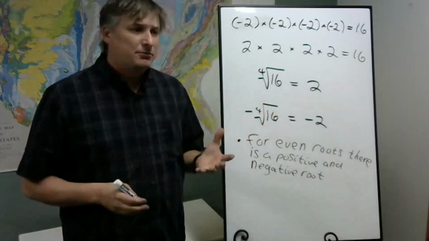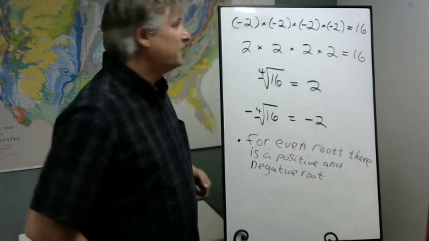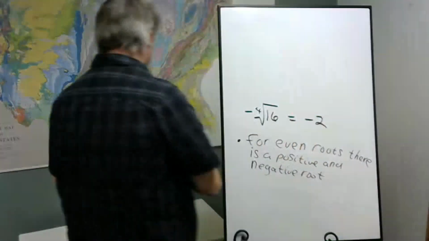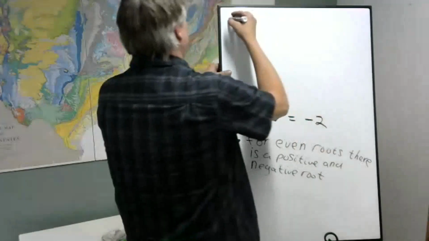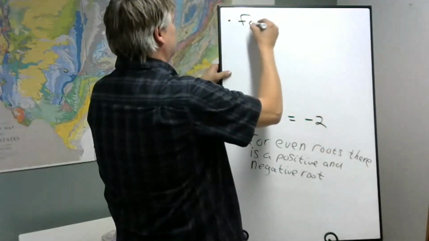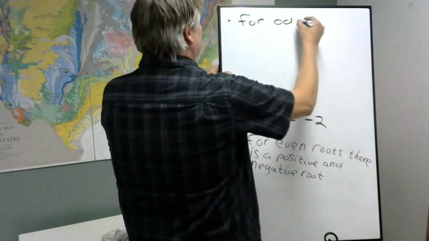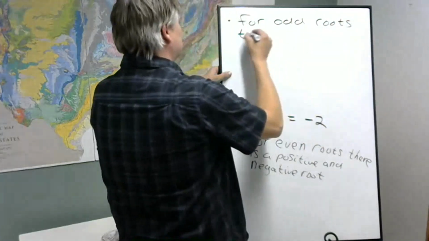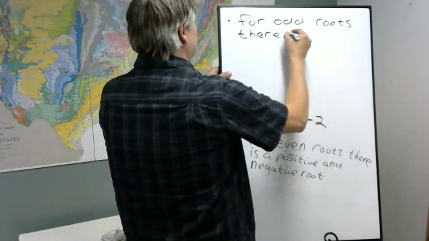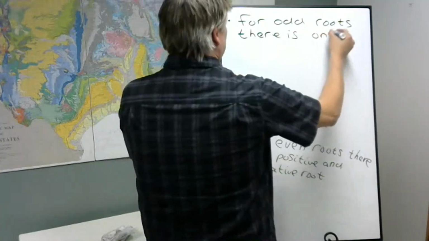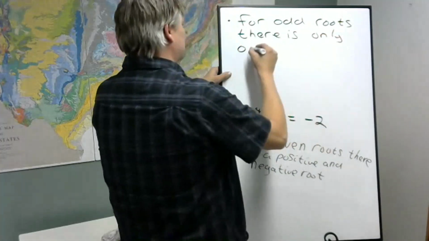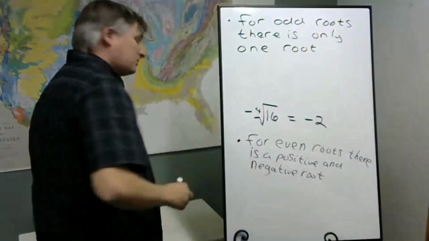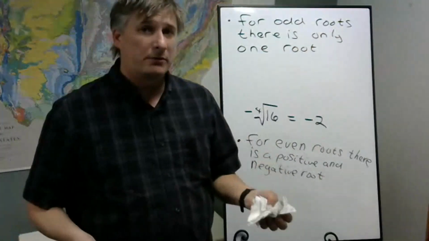But for odd roots, you don't have this. So for odd roots, we're only going to get the one root.